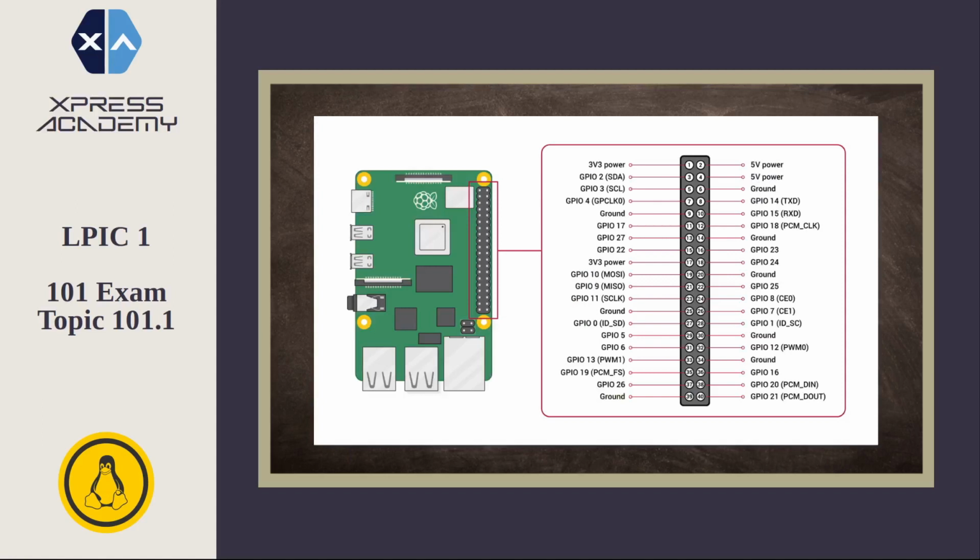GPIO, or General Purpose Input-Output. Another connection that you should know about is GPIO. While main boards on your PC don't use this type of connection, microcomputers or single-board computers like Raspberry Pi have them, as shown in the figure.